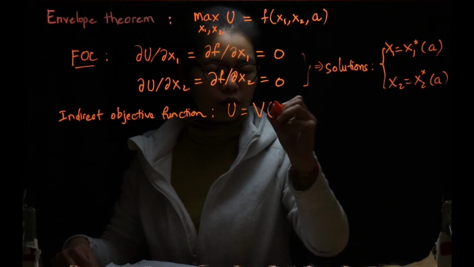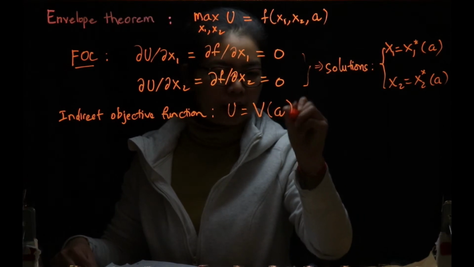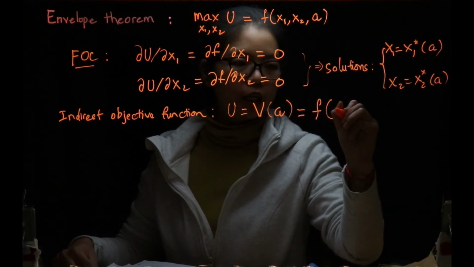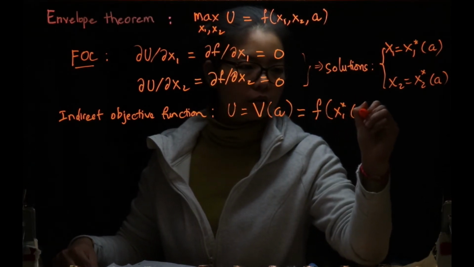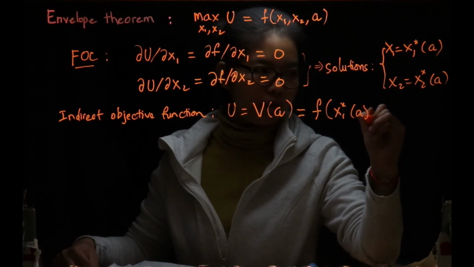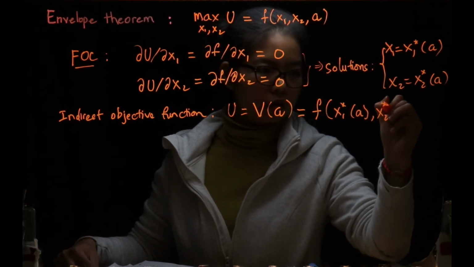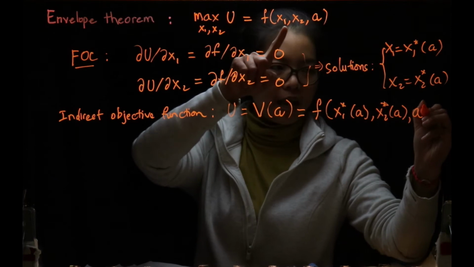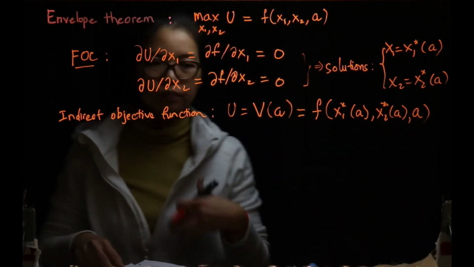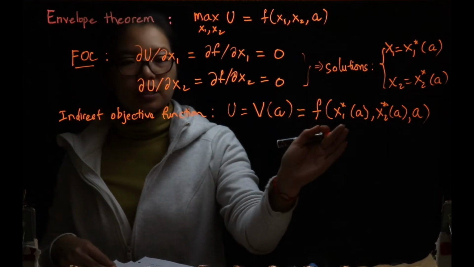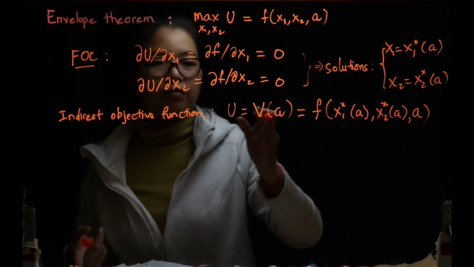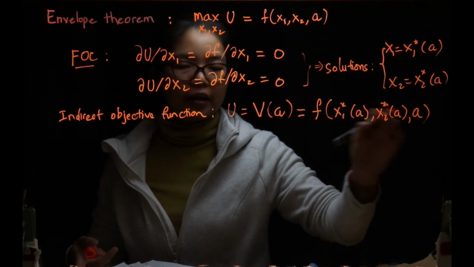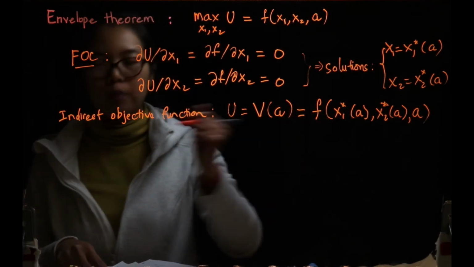Now it's a function of a, where you plug x1 star as a function of a, x2 star as a function of a, and then write a again, because a is still somewhere else in that function. So this is the indirect objective function, where you have the original function but now depending on a indirectly via x1 and x2 at their optimum point.